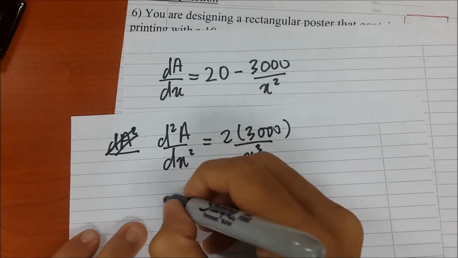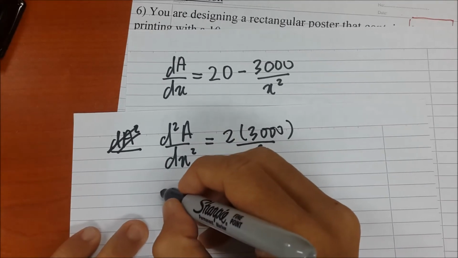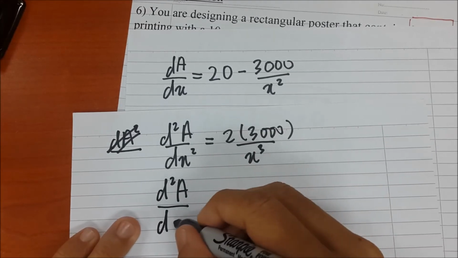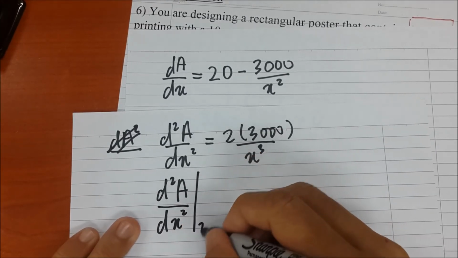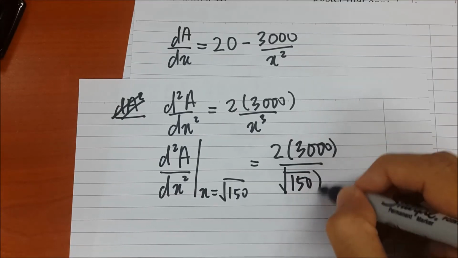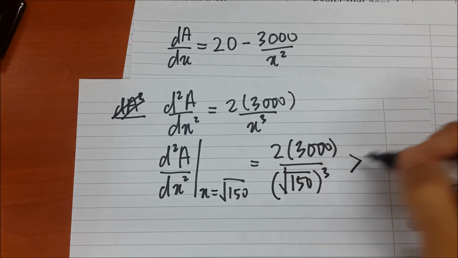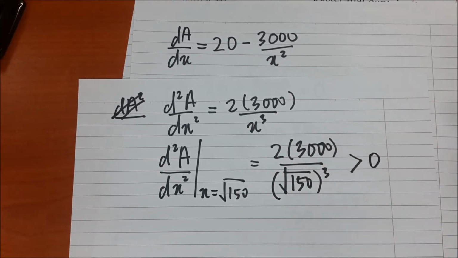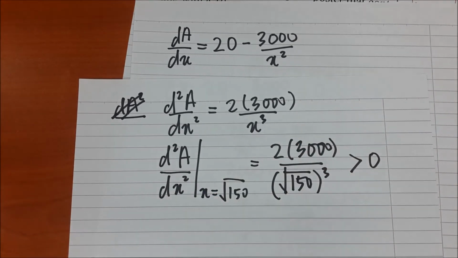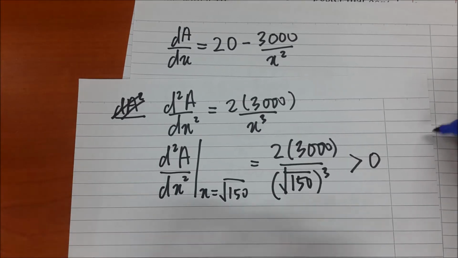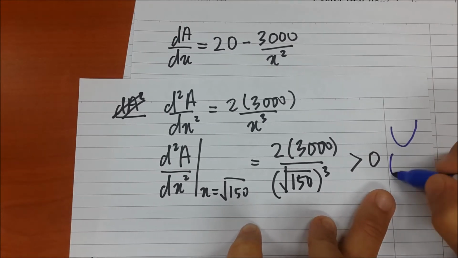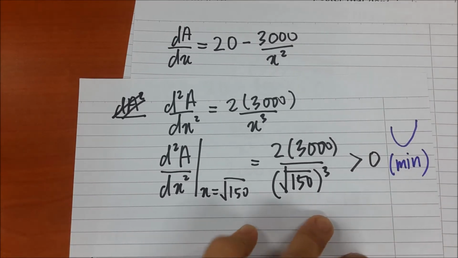Right, so at x equals square root 150, it gives you a positive answer. Right, so a positive second derivative indicates that the graph is concave up, and concave up means it has a minimum value.